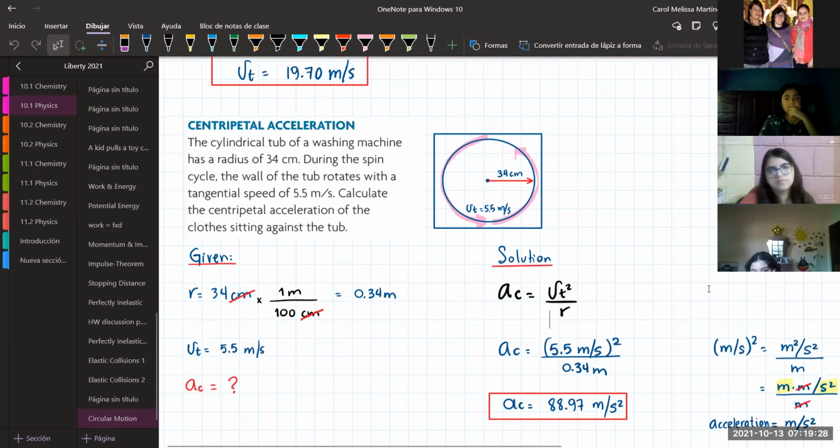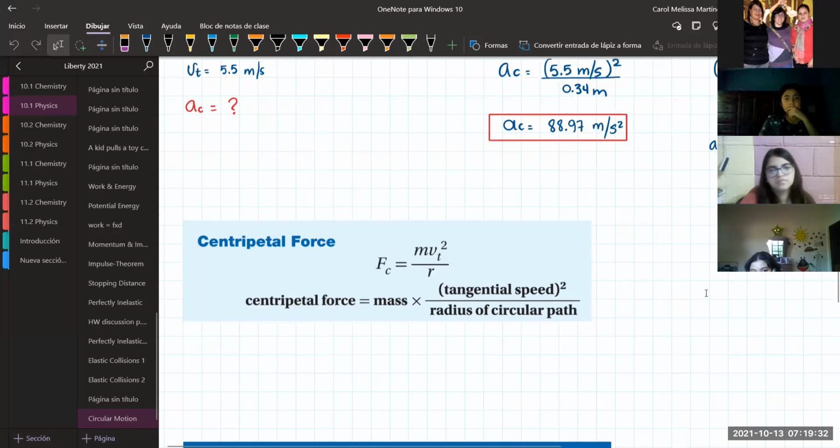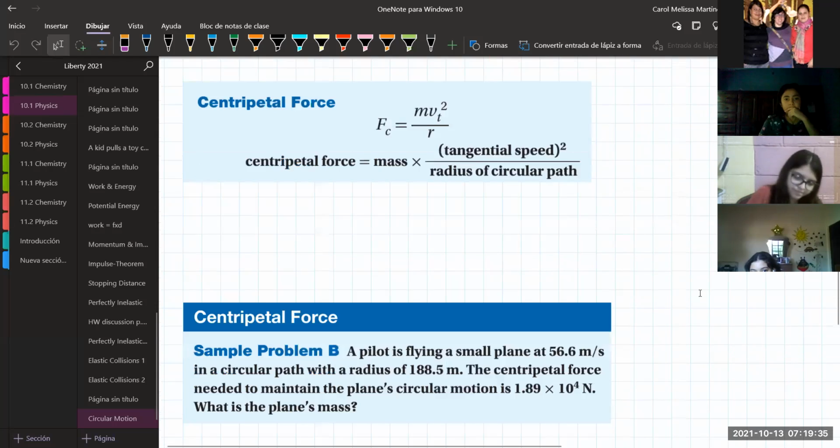Now, one other formula that we are going to be seeing in this circular motion is centripetal force. Let's go back to the second partial when we learned about Newton's laws.